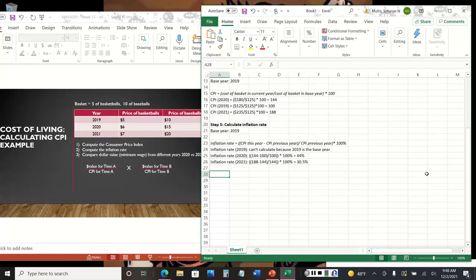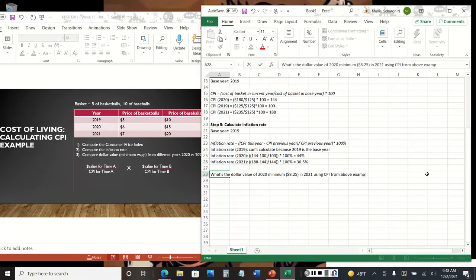What's the dollar value of the 2020 minimum wage, which we'll say is $8.25, in 2021 using CPI from the above example.